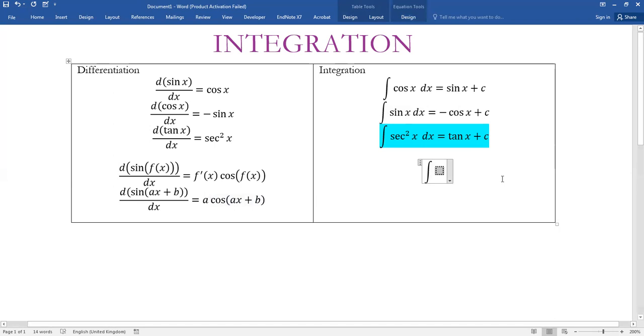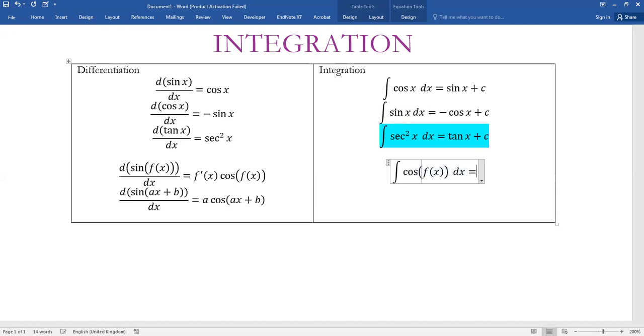Now, if again I have cos of a function of x as an angle and I need to integrate it, what should I do? Now, what will be the integral of cos if I have a function?